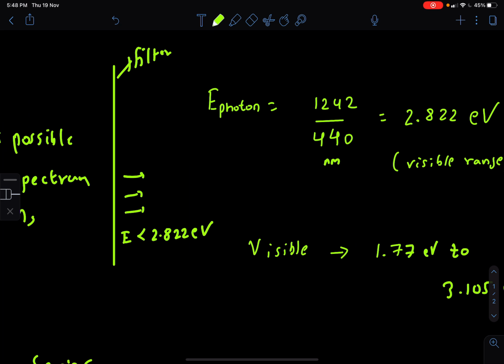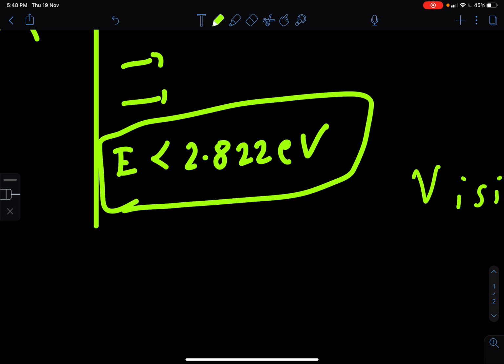Now we have to find out the stopping potential. For a stopping potential, we require the kinetic energy of fastest moving electron. So we should know which one is the highest energy photon incident whose energy is still less than 2.822.